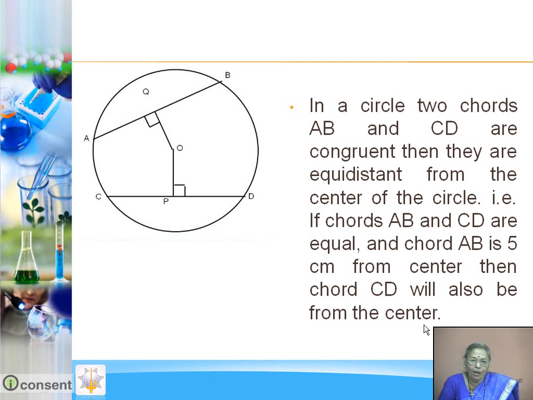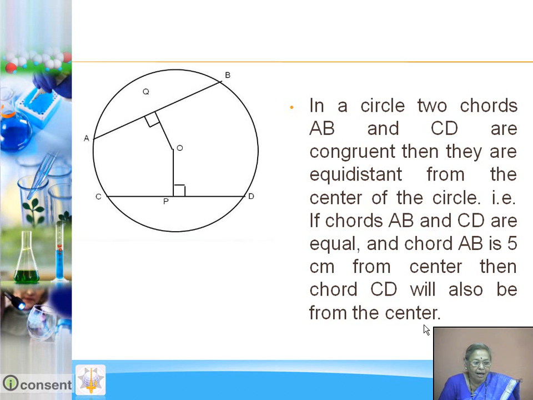Now, think about it when the chords are of different length. If the chords are of different length, what is the distance of them from the center of the circle? The chord which is longer is at a shorter distance from the center of the circle, and the chord which is smaller is at a longer distance from the center of the circle.